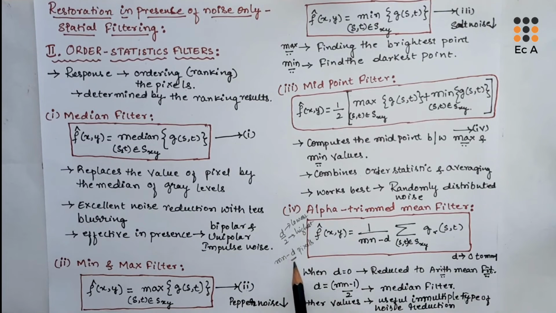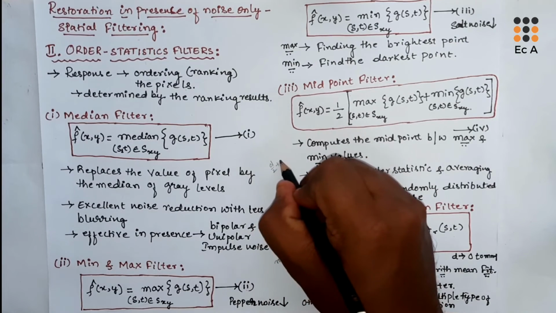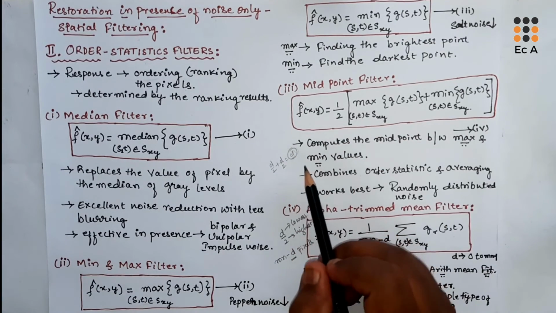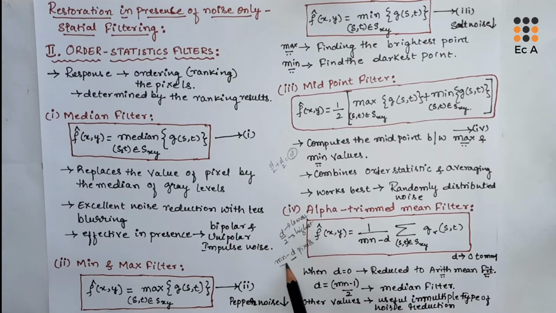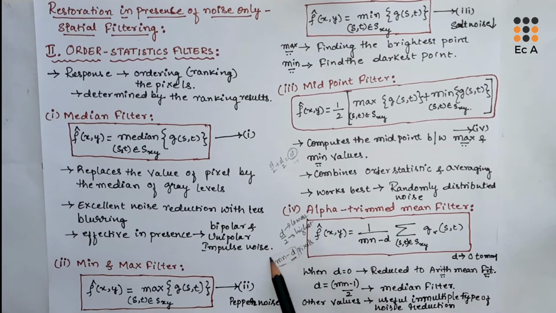So, in the available gray level values, we are removing the highest d by 2 pixel values and the lowest d by 2 pixel values, which means d by 2 plus d by 2 is d. So, we are removing d from the available pixel values. From mn we are subtracting d, so the remaining pixel count will be mn minus d.